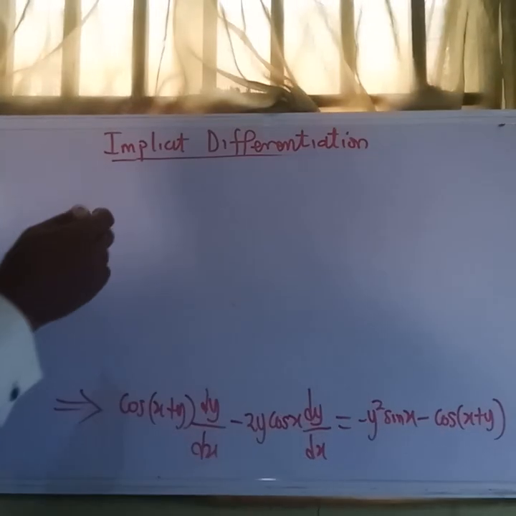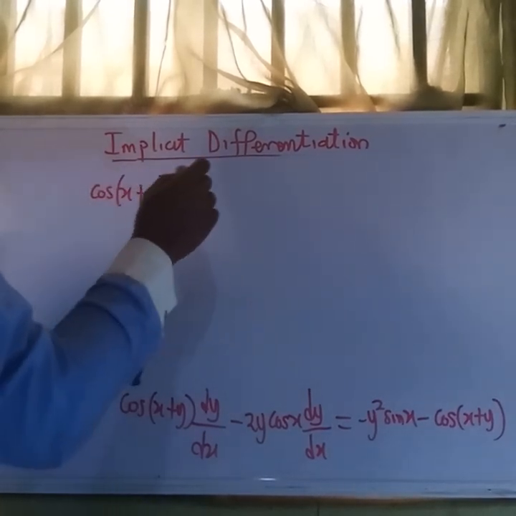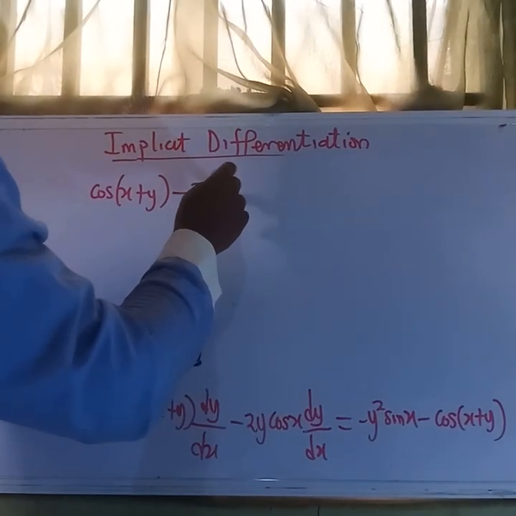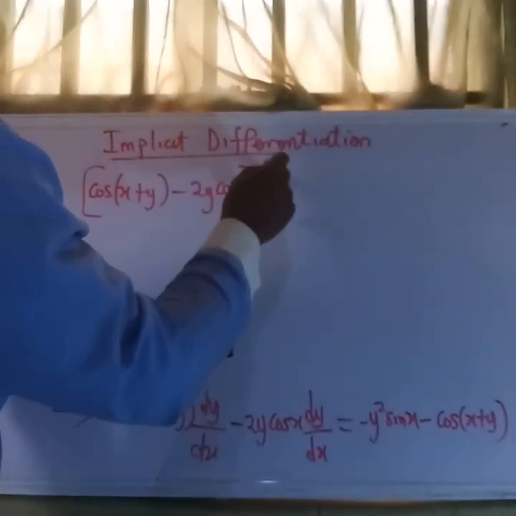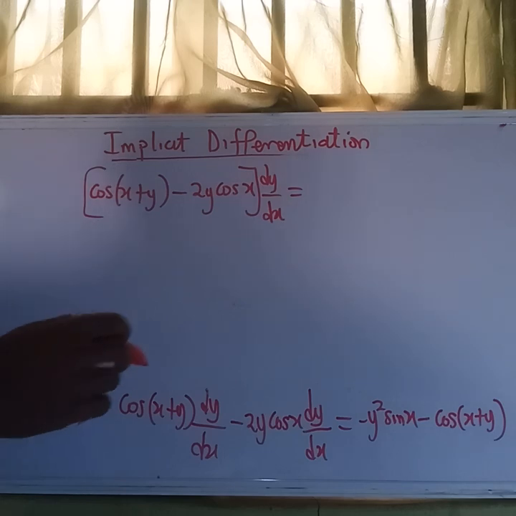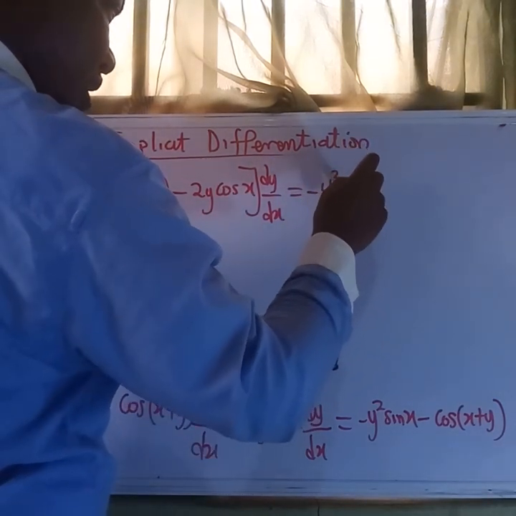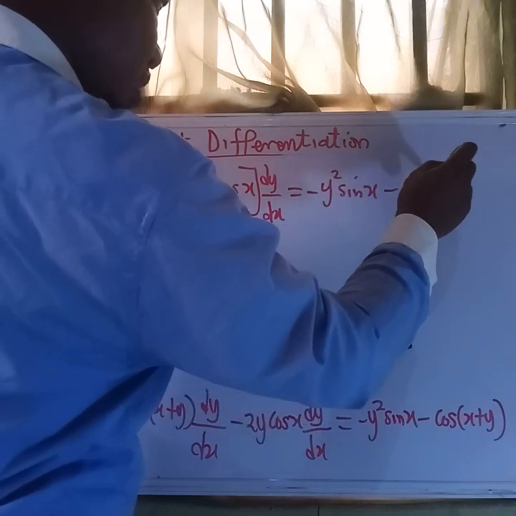If we do that, this will be cos(x + y) minus 2y cos x, times dy/dx, and this will be equal to minus y squared sine x minus cos(x + y).